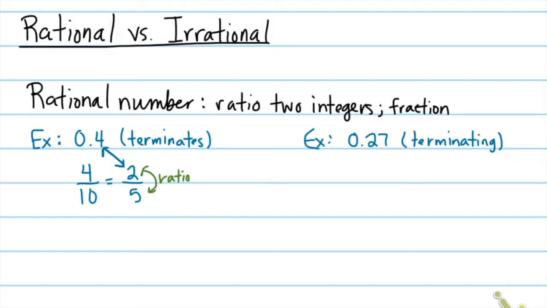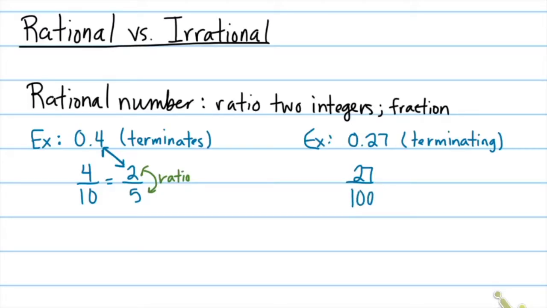So again, I'm looking at the last digit of my decimal expansion, which is 7. The 7 is in the hundredths place, so I take whatever my decimal expansion is, and I want to write it over that place value. So the 7 is in the hundredths place, so my denominator is 100.